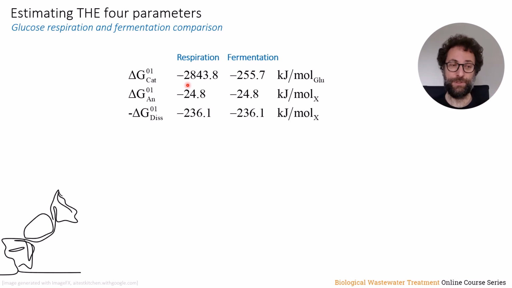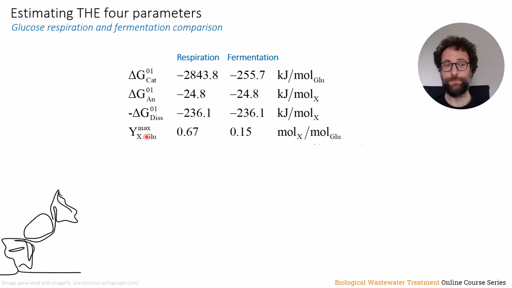Based on these values here, we were able to calculate the maximum biomass growth yield on glucose. And this energy difference here is directly reflected in how much biomass can be grown per mole glucose. And of course, we have seen that for catabolisms that release less energy, there is the need to run the catabolism many more times to produce 1 mole of biomass. This is what we refer to as lambda cat.